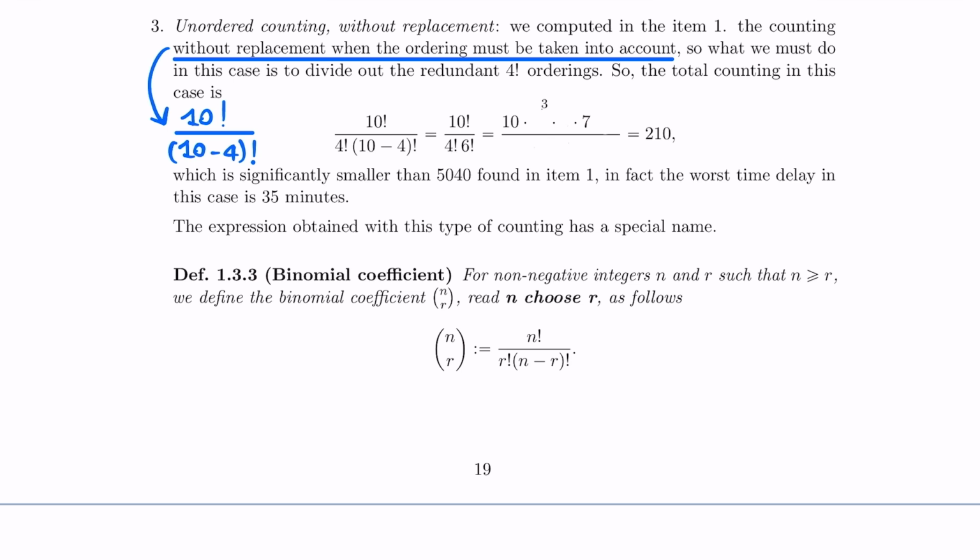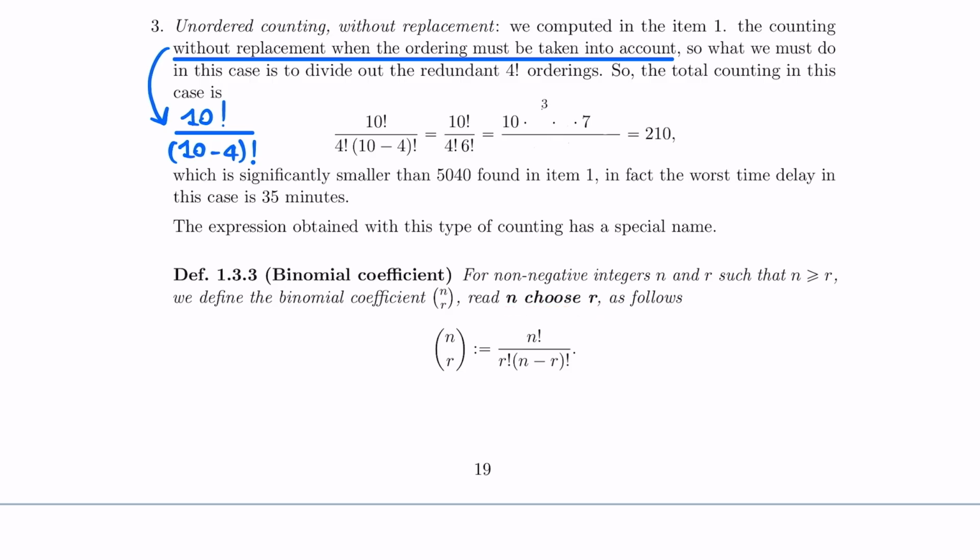Now let's abstract this computation. This number that we have found in mathematics has a specific name. It's called the binomial coefficient. Consider two non-negative integers n and r such that n is larger than r. Then the binomial coefficient is written like this, and it's read n choose r.